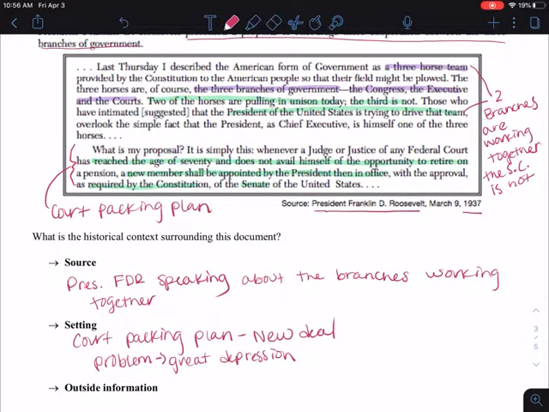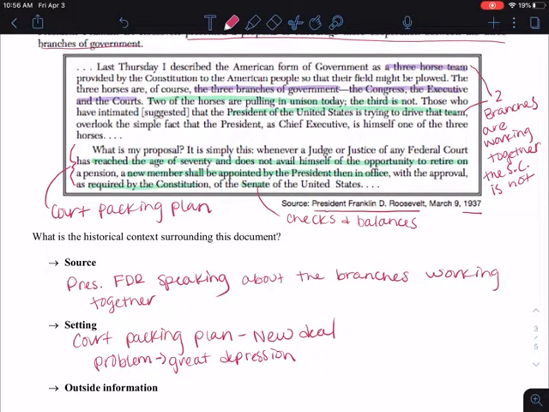He says, once a Supreme Court justice or any justice on any federal court gets to the age of 70, if he or she doesn't take their retirement, then a new member is going to be appointed by the president in office. Yes, we'll still go with the Senate approval, which is an example of checks and balances.